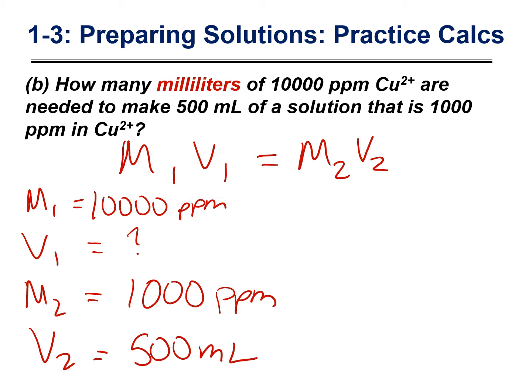So now I just got to plug everything in. I'm looking for V1, and if I just divide M2V2 by M1, I can solve for V1.